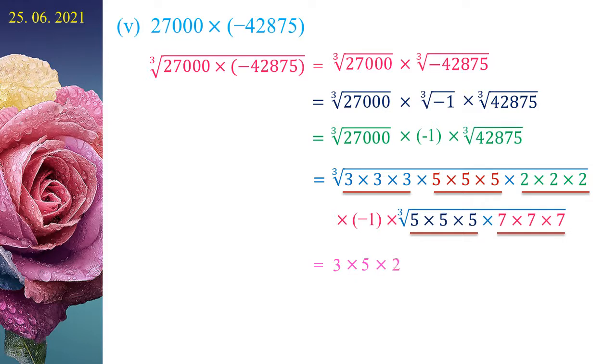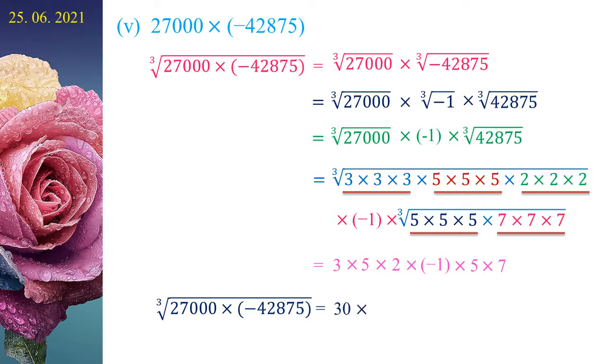So 3 into 5 into 2 into minus 1 into 5 into 7. So the cube root of 27,000 into minus 42,875 equals 3 into 5 into 2, that is 30, into minus 1 into 5 into 7, minus 35.